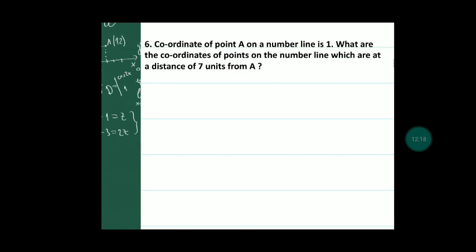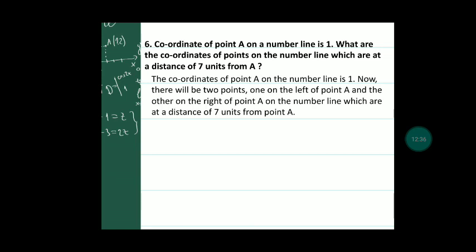Question number 6. Coordinates of point A on a number line is 1. What are the coordinates of points on the number line which are at a distance of 7 units from A? The coordinates of point A on the number line is 1.